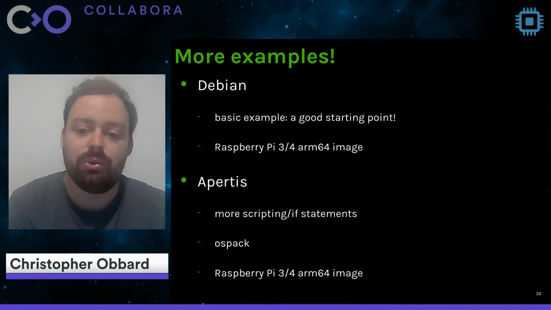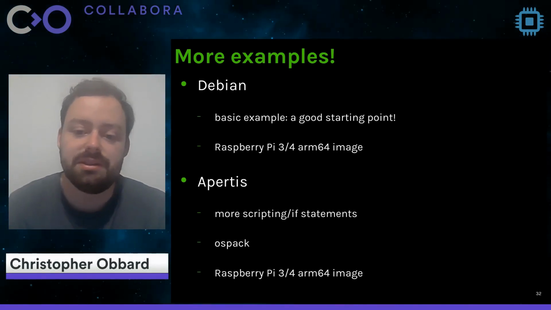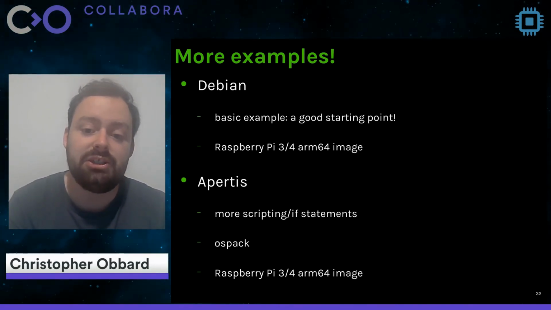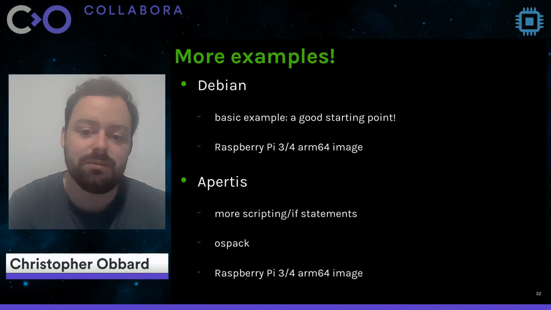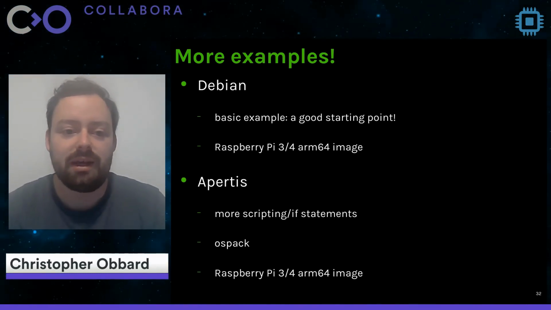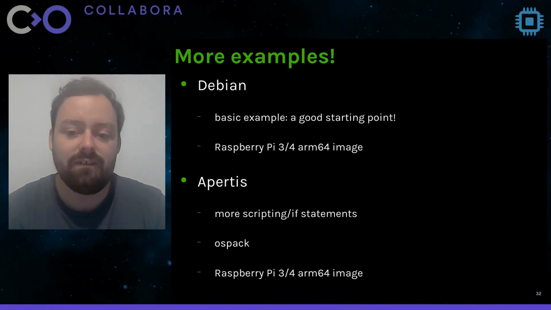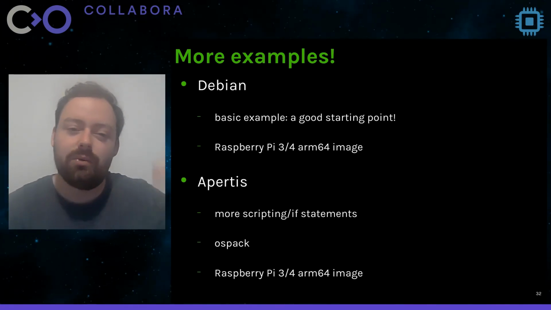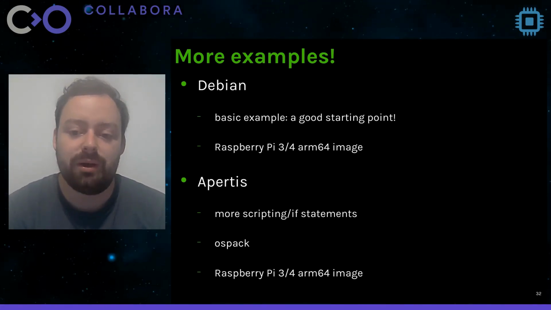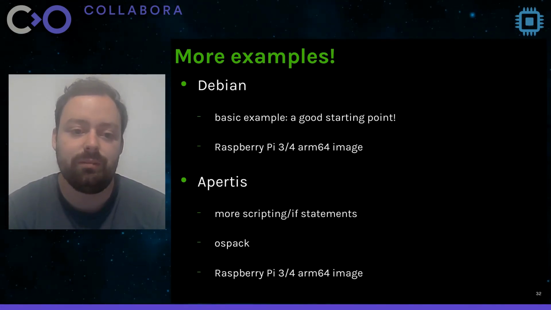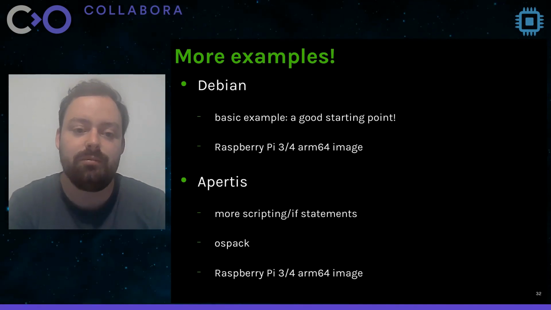These recipes have got more scripting in them and if statements. There's an OSPack image, which basically includes everything to create the operating system. And then on top of that, Apertis have a kind of hardware pack, if you like, which allows you to create a Raspberry Pi image in this example, but there are other example images for other targets as well.